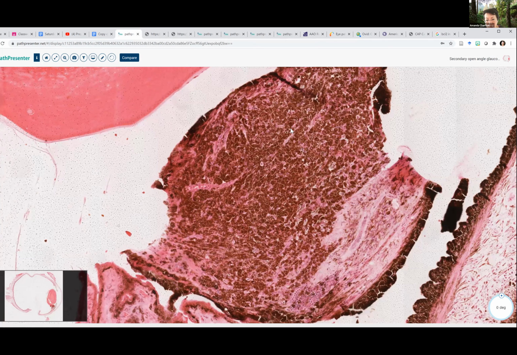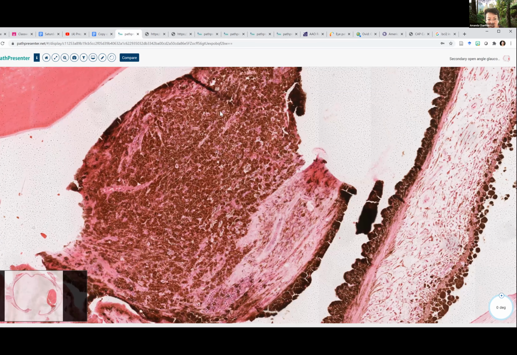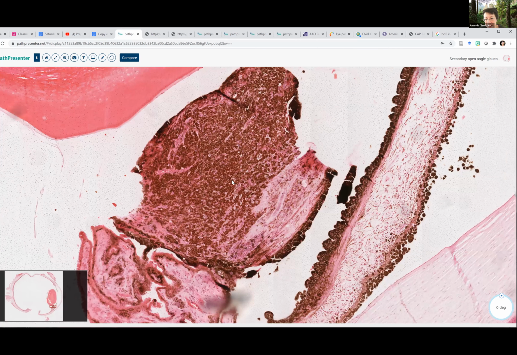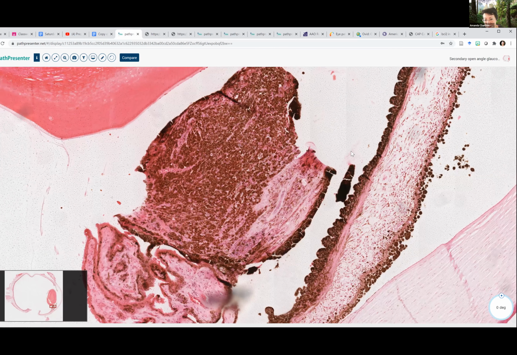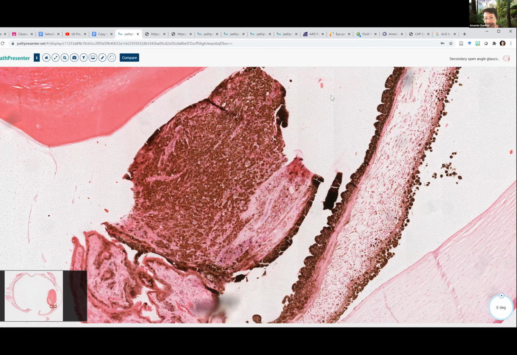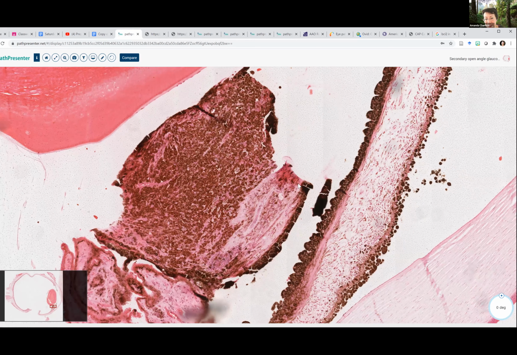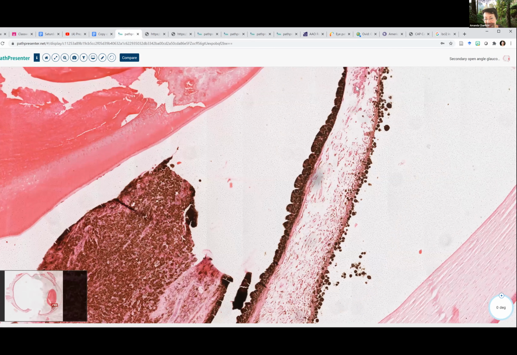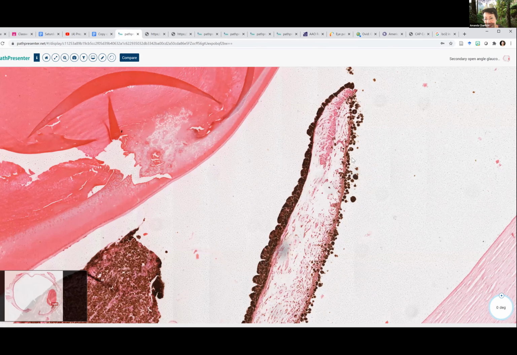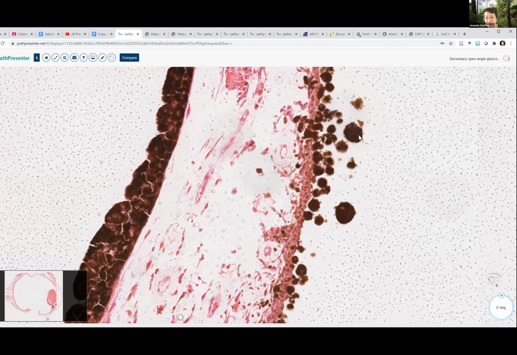And then I'm going to look at the consequences of this tumor. So the iris, if I come around the pupillary margin, there appear to be numerous brown pigmented cells that are very spherical in shape.